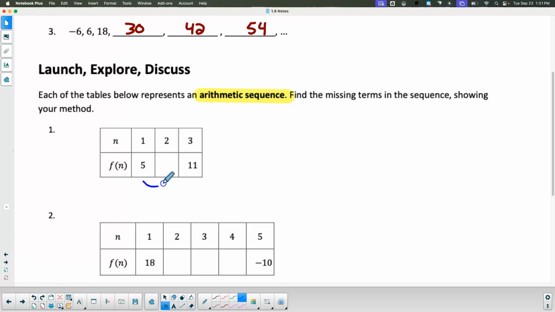I always count jumps. So it took me 2 jumps to get from 5 to 11.